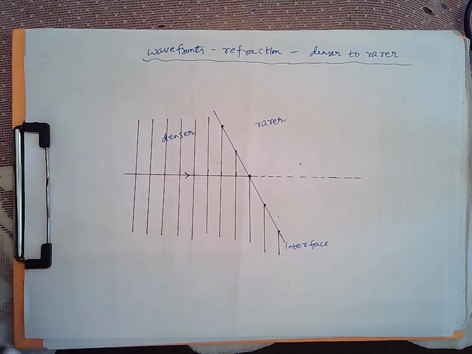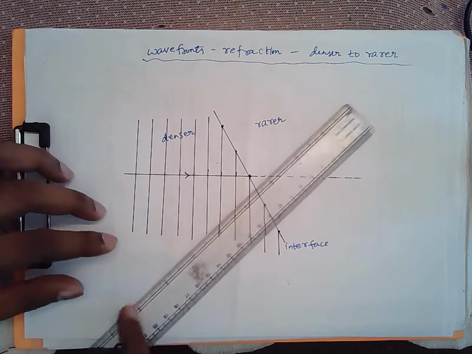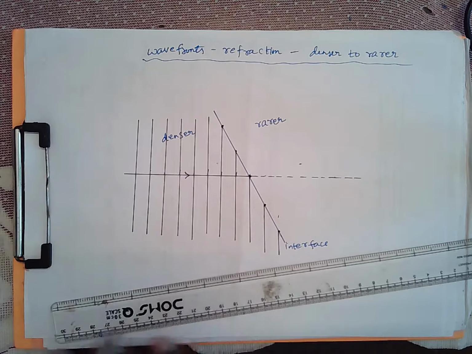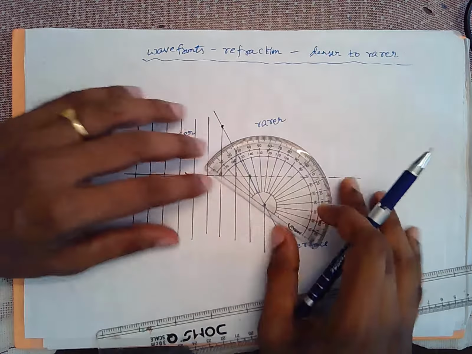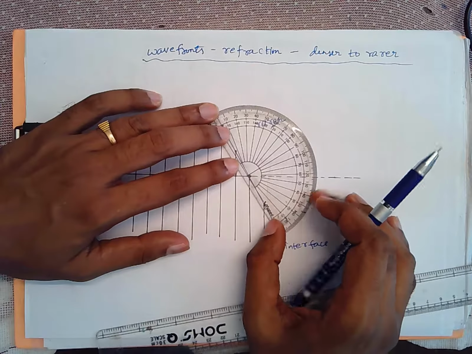So next step is draw the normal through the point of incidence. And the ray bends away from the normal. Yes. So normal has to be perpendicular to the interface. So I use a protractor.